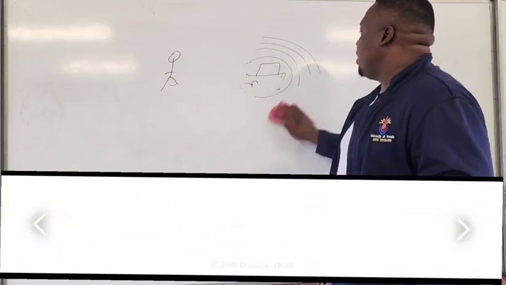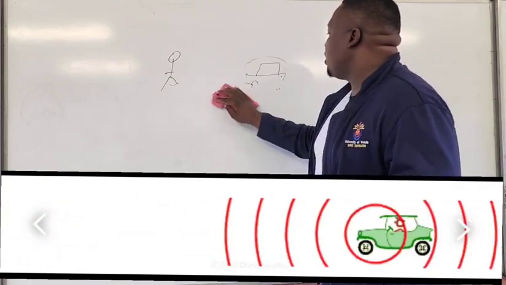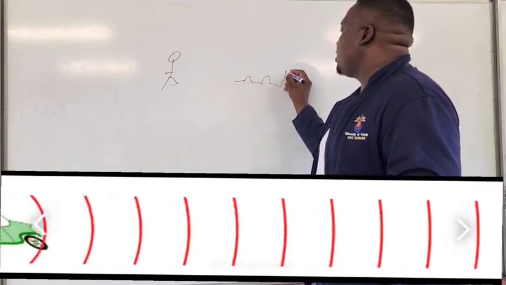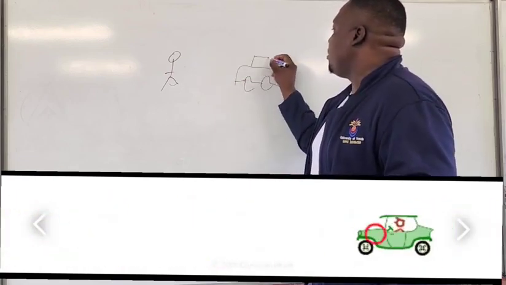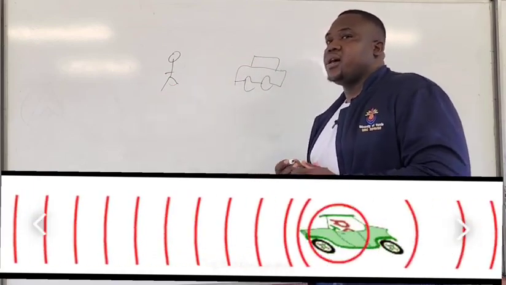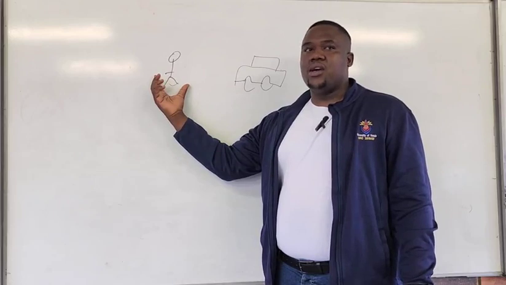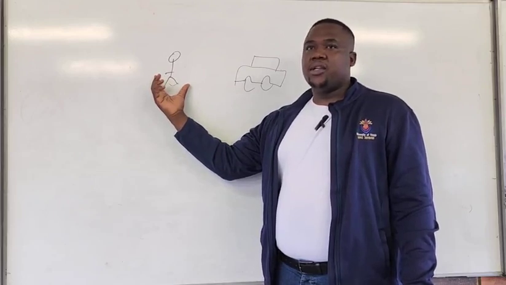But if the source, the ambulance, moves towards the listener, it means that the frequency that this listener is going to hear will be increasing.